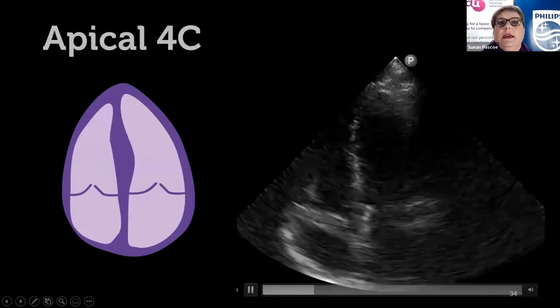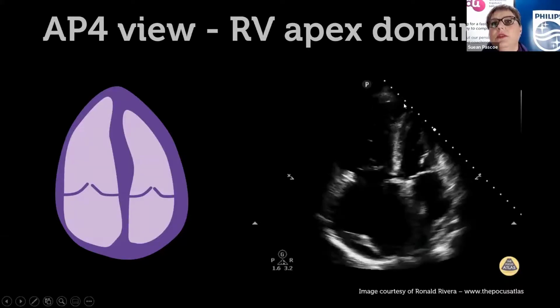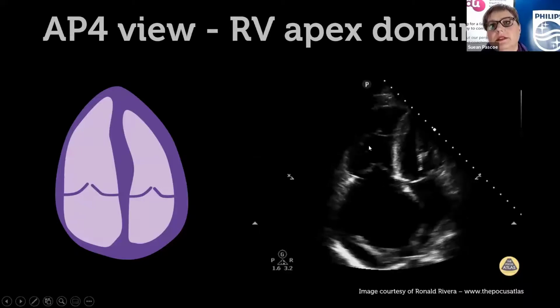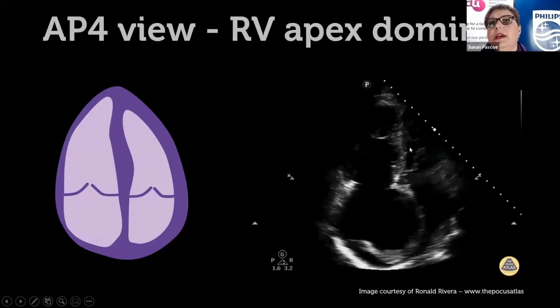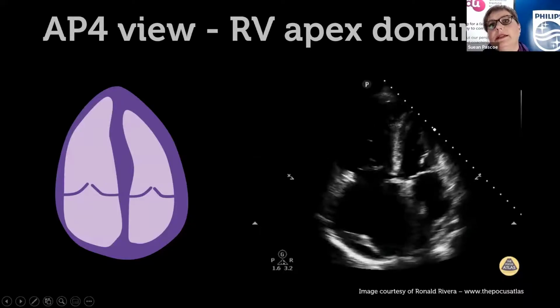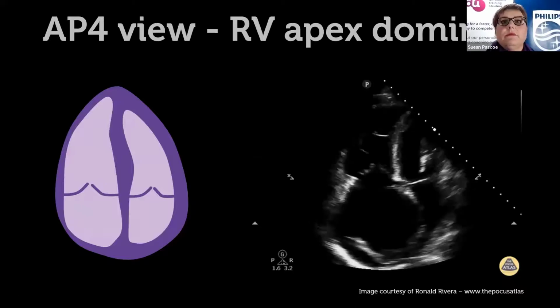When the right heart is dilated, here we've got a case where the right ventricle is taking up the apex. This is a severe case of dilatation, but the right ventricle is taking up more of the apex, and the left ventricle there is smaller.